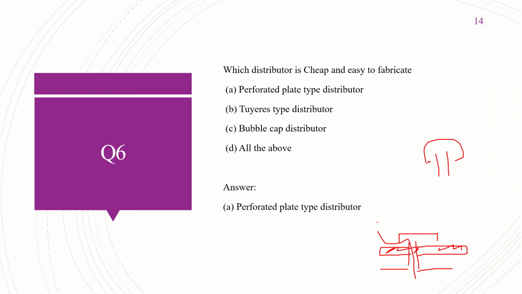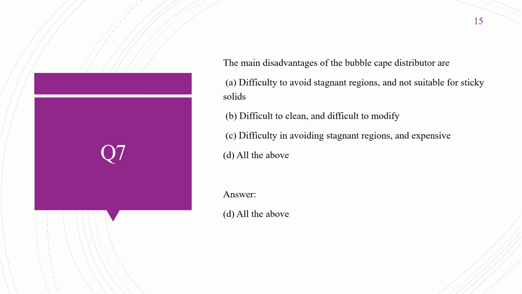So obviously it is difficult to construct or fabricate this, compared to the perforated plate where we can do something like this, and a metal screen would be placed over this between them, or a staggered plate without any metal screen. So it is cheaper than this. So the answer is option A, perforated plate type distributor. We'll move on to question 7.